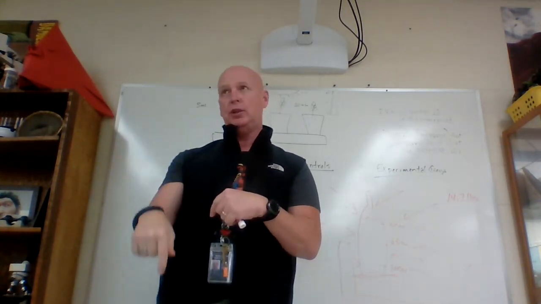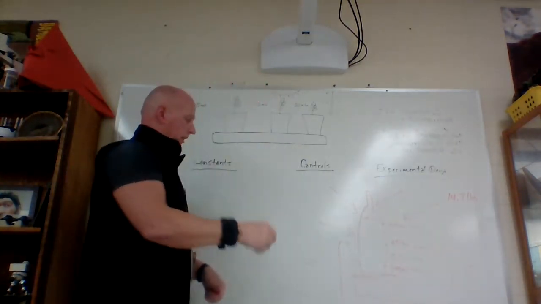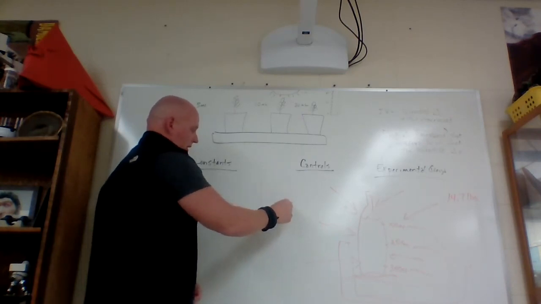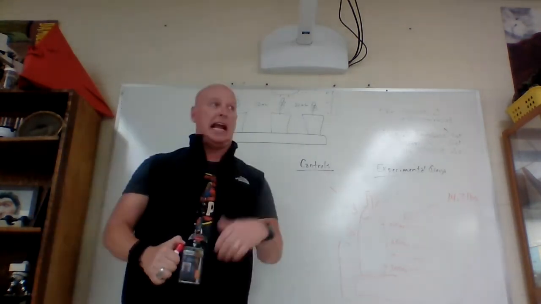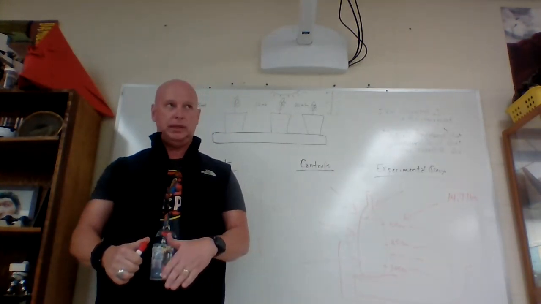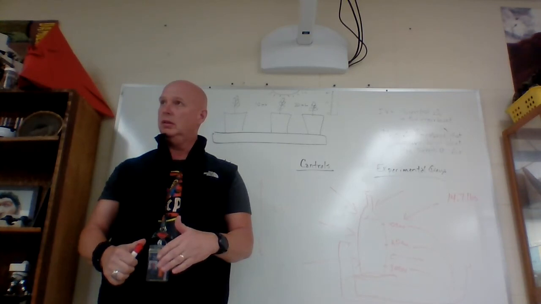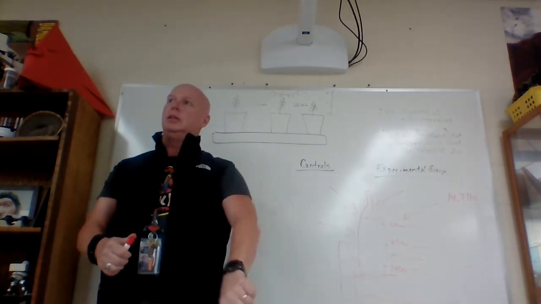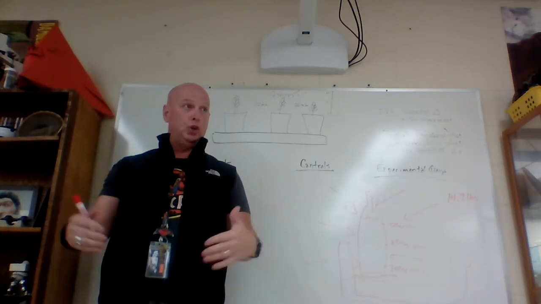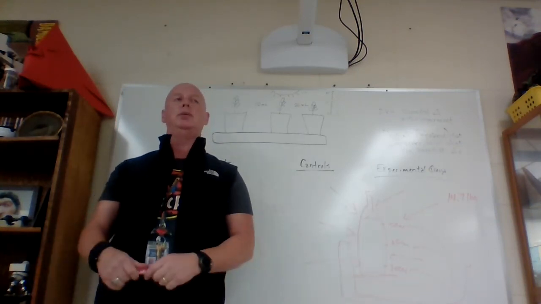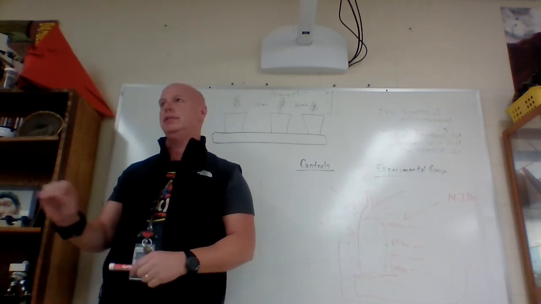For every 33 feet I go up or down, I either get 14.7 pounds added onto me or taken away. If I go up, pressure's taken away. If I go down, it's added. So if I go underwater and go deeper, I'm adding 14.7 pounds every 33 feet.